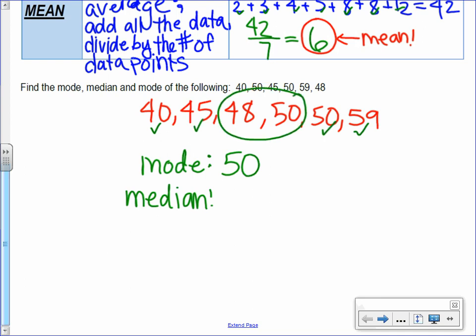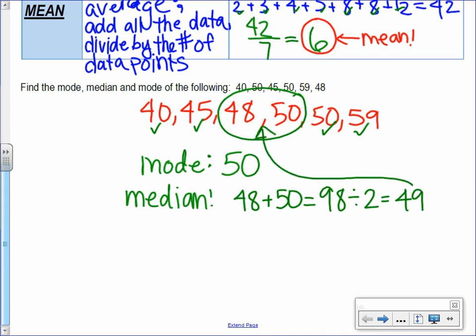Well, there's 2 numbers in the middle. So remember, when you have 2 in the middle, you need to do 48 plus 50, and you got 98. And then divide it by 2, and hopefully you got 49. Because 49 is directly in between the 2 of those. So this is your median. 49 should have been your median.